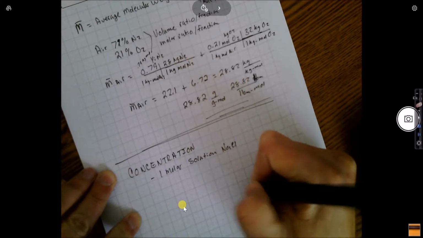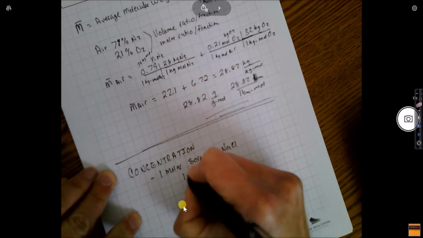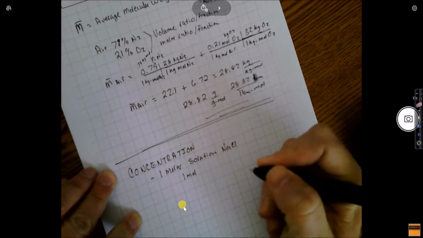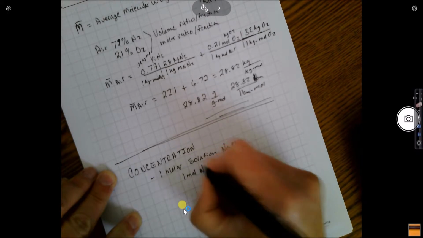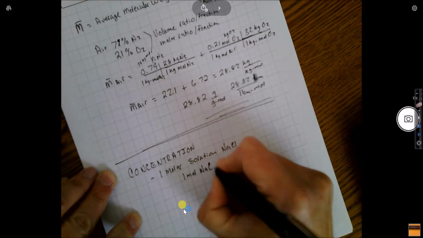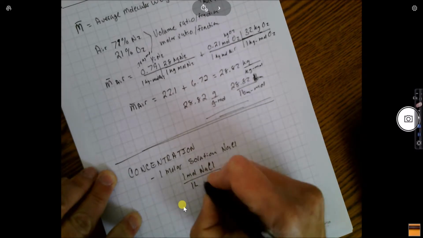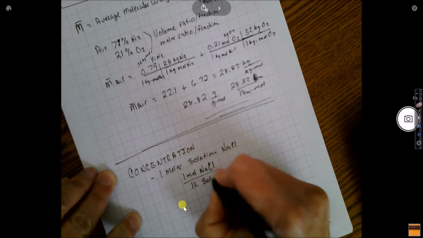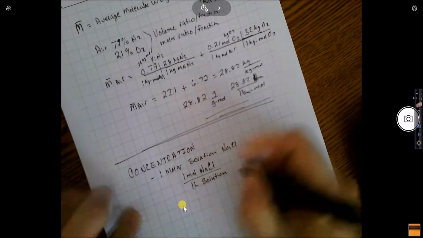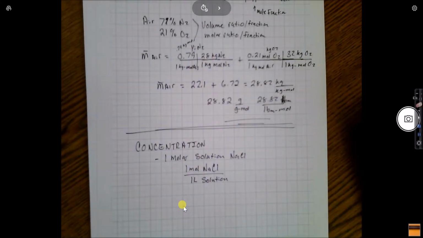So 1 molar solution means there is 1 mole of salt, this is sodium chloride to be more specific, in 1 liter of solution. All right, so that's what molarity means. If we have a 1 molar solution of sodium chloride, that means there's 1 mole of sodium chloride per 1 liter of solution.